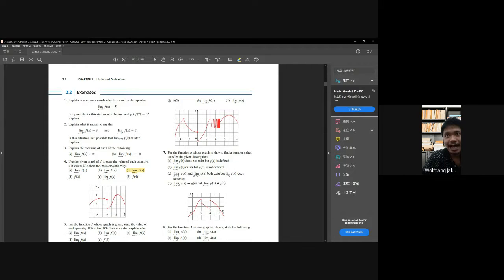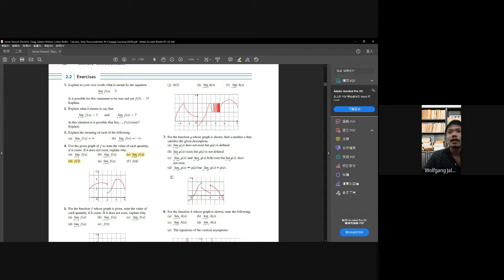But if the question is not the limit, but what is f when x equals 2, then the answer is 3, because f(2) equals 3 here. Okay, that's easy.